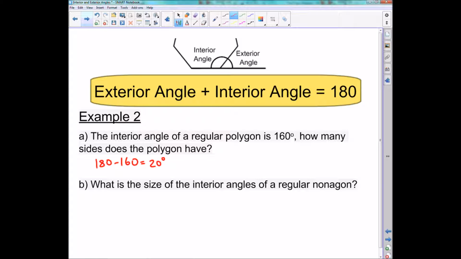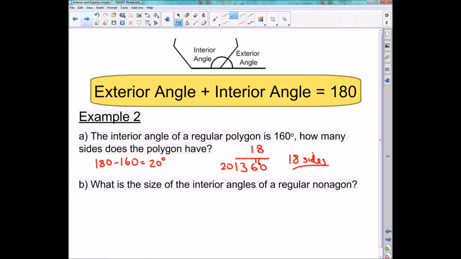So there we go, 20 degrees. So now that I know that my exterior angle is 20 degrees, I can just divide 360 by 20 using the bus stop method. So 20 goes into 36 once with 16 left over. 160 divided by 20 is 8. So that means that my polygon has 18 sides.